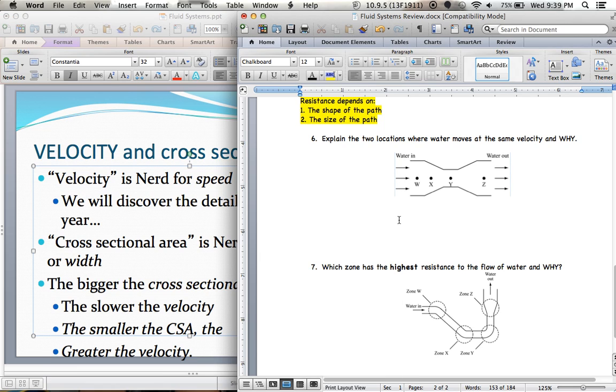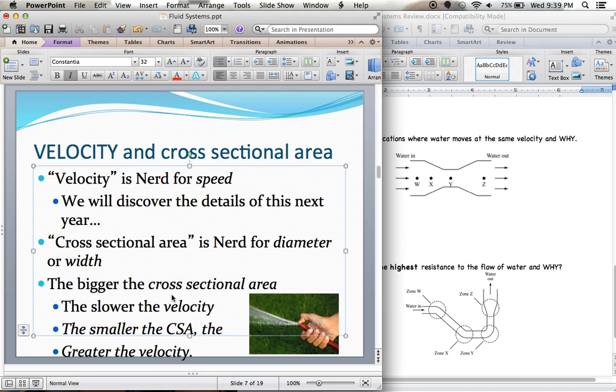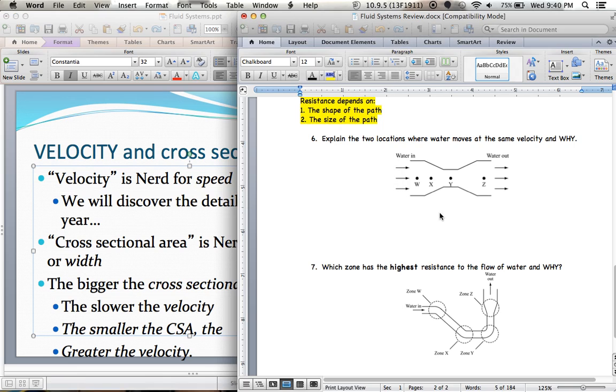So back to this. If we have the same velocity, that must mean we have the same size. There are only two places, at W and at Z, where our pipe is the same size. When we make a smaller cross-sectional area, the greater the velocity. So here we'll go a little bit faster, and then finally, since this is the smallest part of the pipe, we'll be going the fastest here at Y.